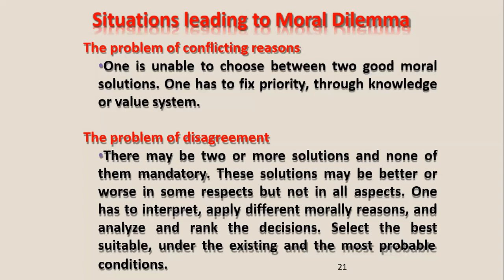One has to interpret, apply different moral reasons, analyze and rank the decisions, and select the best suitable one under the existing and most probable conditions. It is quite obvious that individuals and groups may have different views, suggestions, interpretations, and solutions on a moral problem in particular situations. This disagreement among individuals and groups in interpreting moral issues will create another moral dilemma.